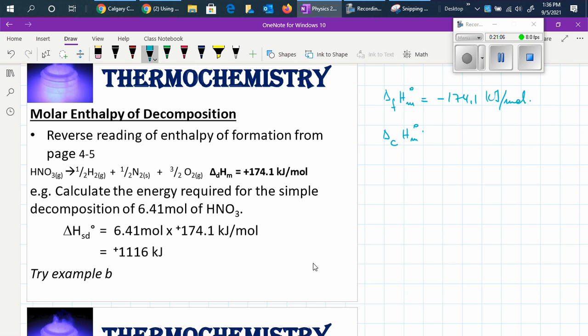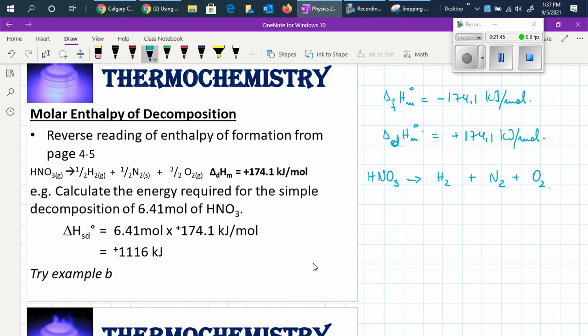But when we are finding the decomposition of nitric acid, not composition, decomposition, then this will be positive 174.1 kilojoules per mole. So when we are writing the equation as a simple one, 1 mole of nitric acid is decomposed into hydrogen, nitrogen, and oxygen.